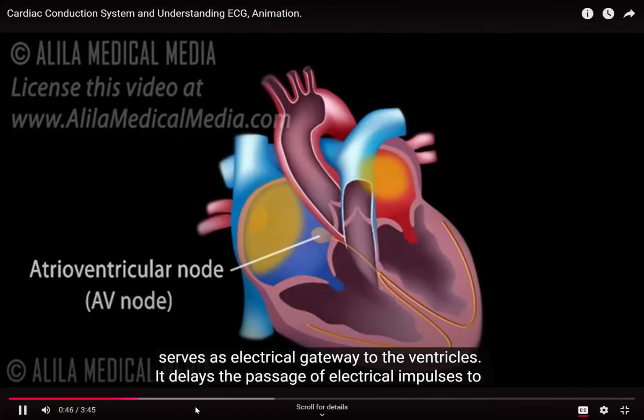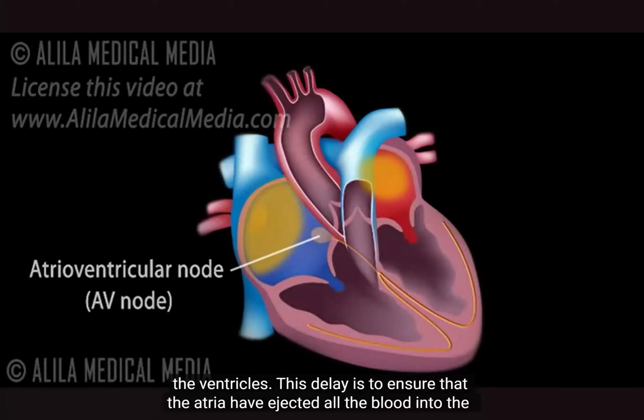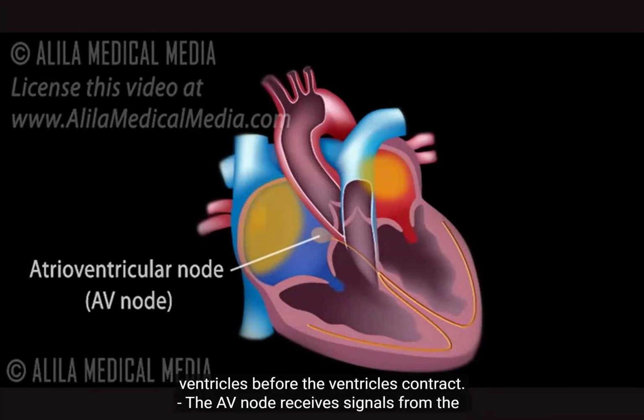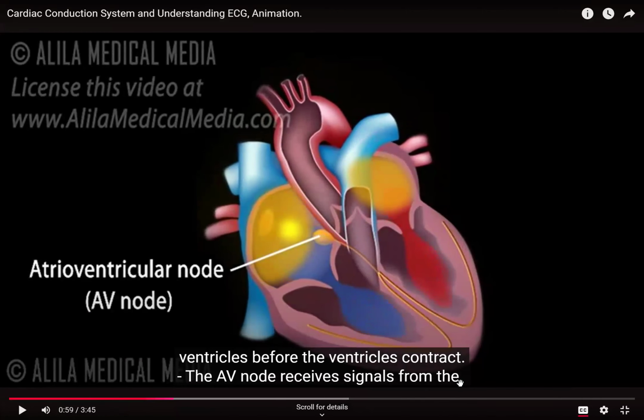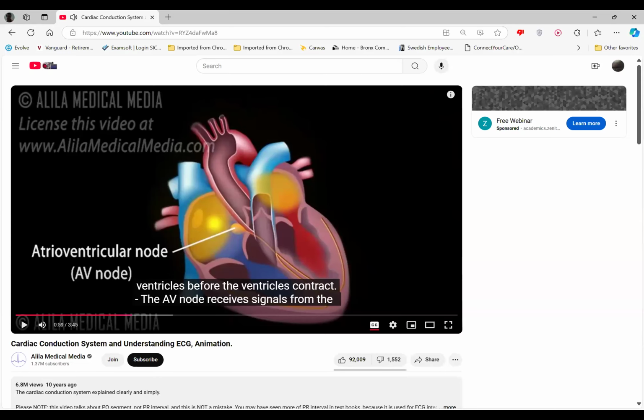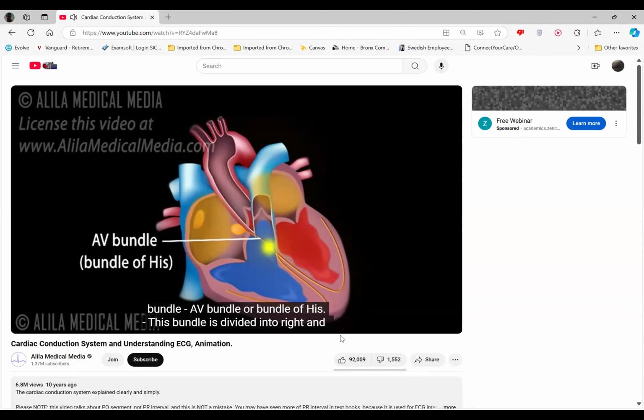It delays the passage of electrical impulses to the ventricle. This delay is to ensure that the atria have ejected all the blood into the ventricles before the ventricles contract. The AV node receives signals from the SA node and passes them onto the atrioventricular bundle, AV bundle, or bundle of His.